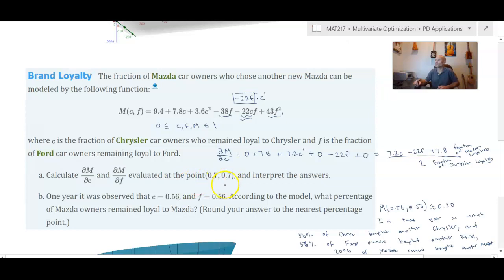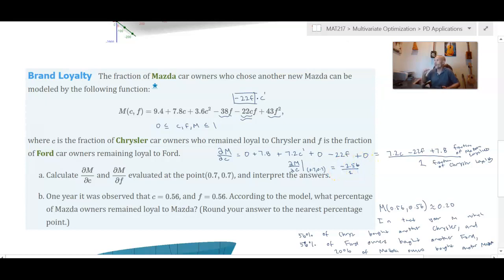Now, when we evaluate this at the point 0.7, 0.7, we get 7.2 times 0.7 minus 22 times 0.7 plus 7.8, and we get negative 2.56. So dM/dC evaluated at the ordered pair 0.7, 0.7 equals negative 2.56 to 1.